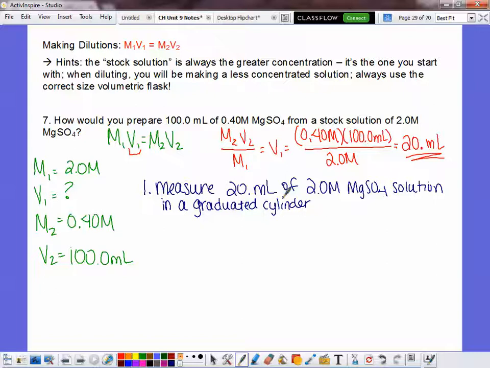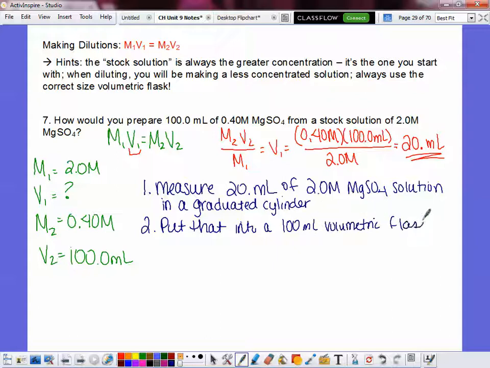So V2 will tell you the size of flask you need. Okay? So we're going to put that into a 100 milliliter volumetric flask. And then we're going to add more of the solvent. We're going to fill to the line, that one line on the neck of the flask, with the solvent. What do you think my solvent was in this problem?